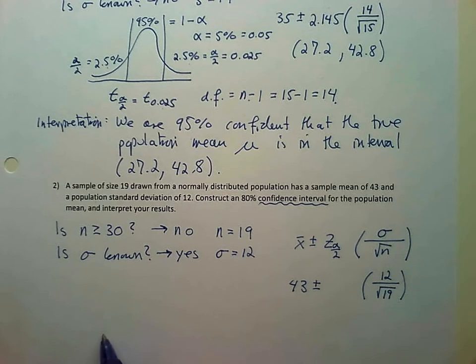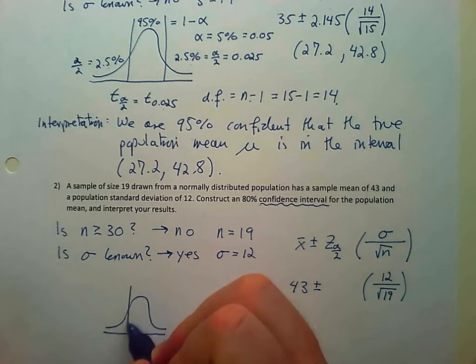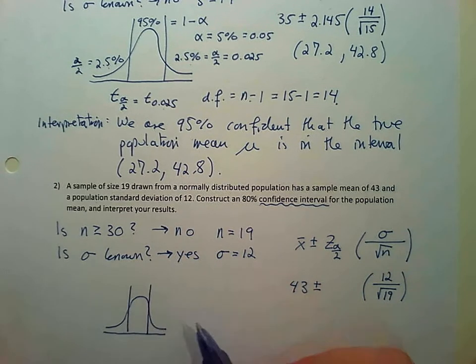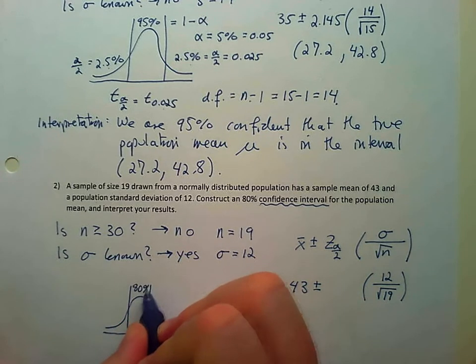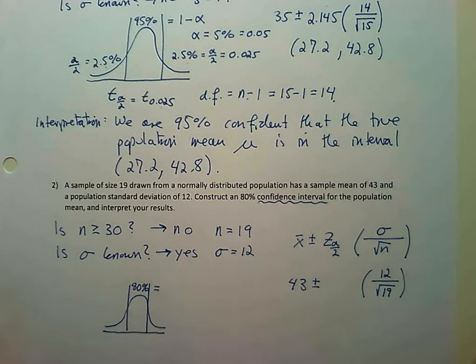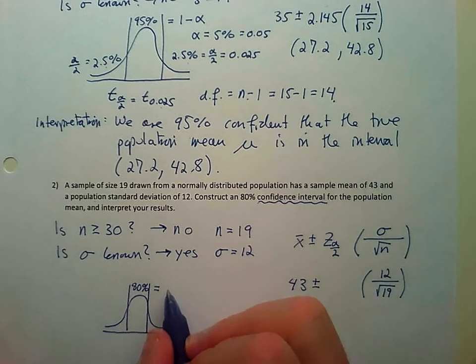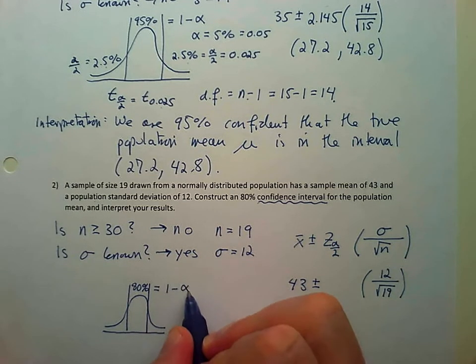Since we're looking for z's, we know that we're going to be using a bell-shaped and symmetric distribution. More specifically, it's our standard normal distribution. Our confidence level for this interval is 80%, so 80% is going to go between those two cutoffs. Since that's our confidence level, what's the formula that we use for our confidence level? The formula for our confidence level is 1 minus alpha.